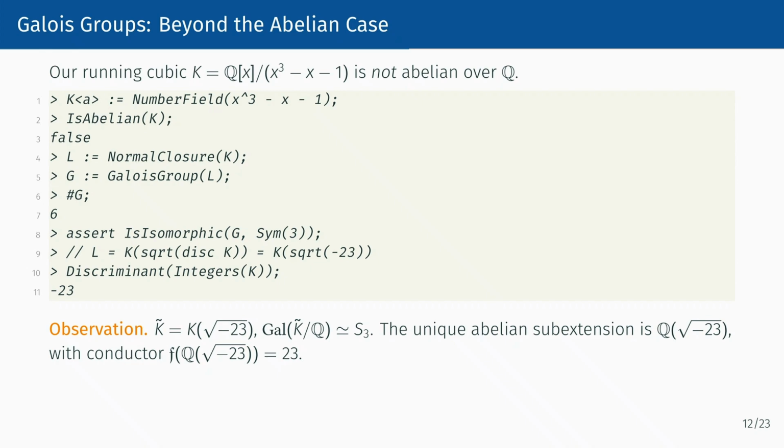So it also has this Q adjoin square root of minus 23 inside, which is a quadratic extension of Q. And this K is not Galois, so there will be other degree 3 extensions right here. But this one will be the only abelian extension we see here.